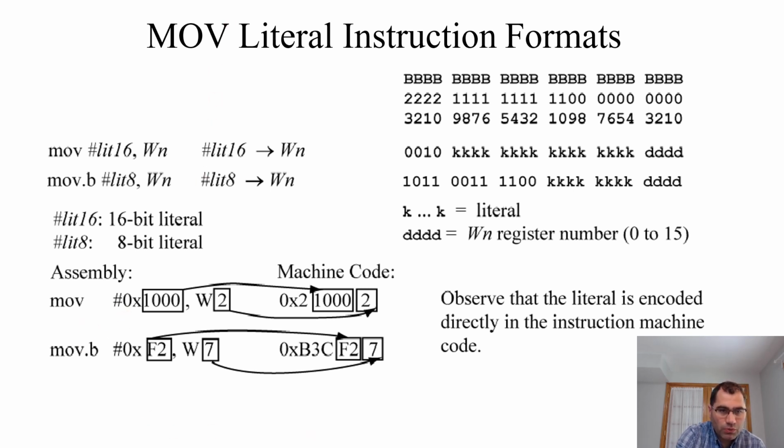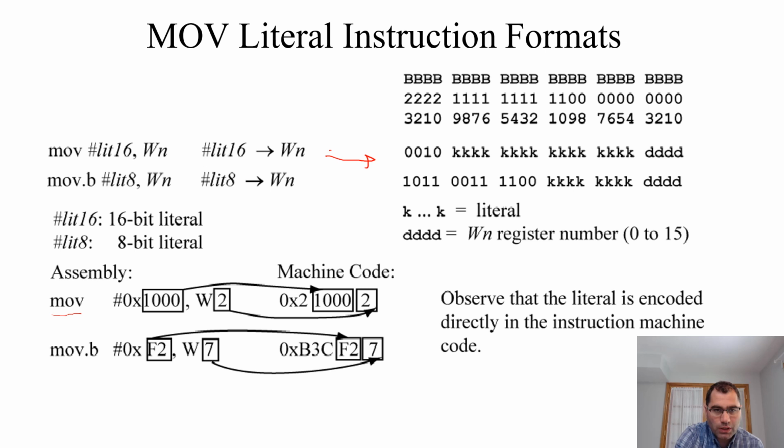For this one, it says copy the literal 1000 into W2, and this is the format for that. This is a 16-bit literal, so we're gonna use this one.